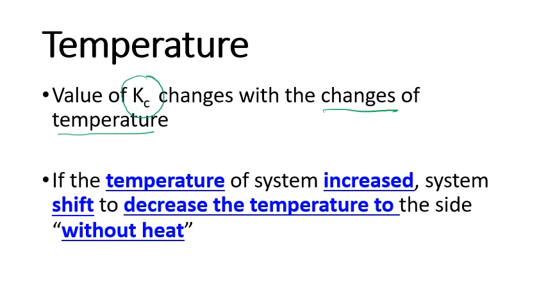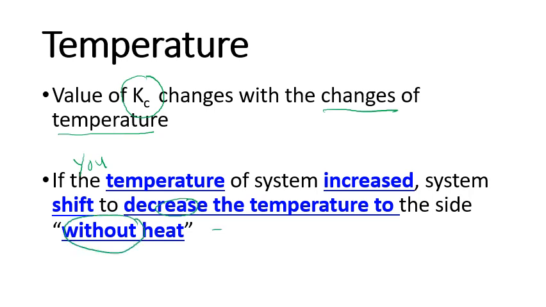If you increase the temperature, the system will oppose to decrease the temperature as usual. So how does the system decrease the temperature? It means that the system will shift to the side without heat.